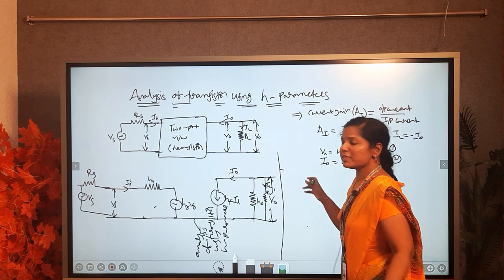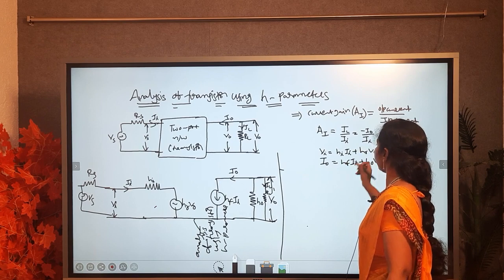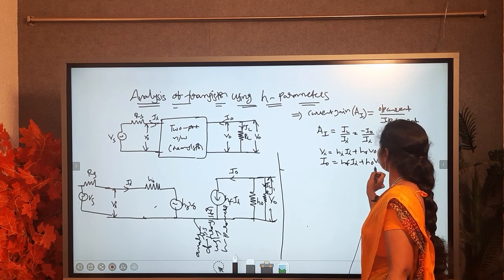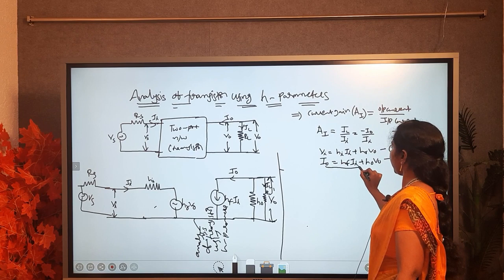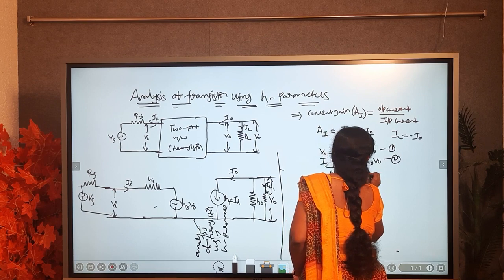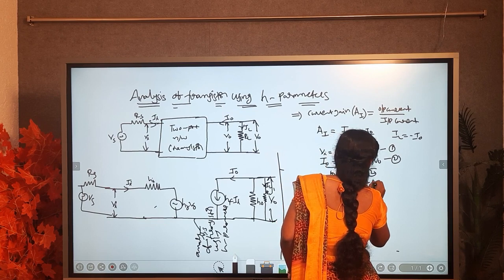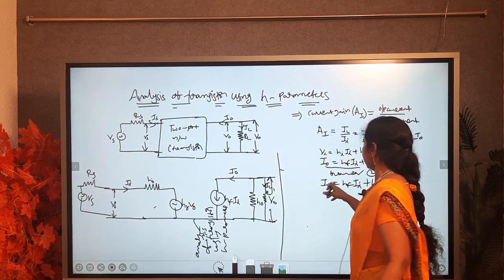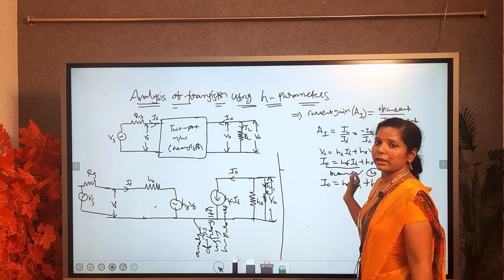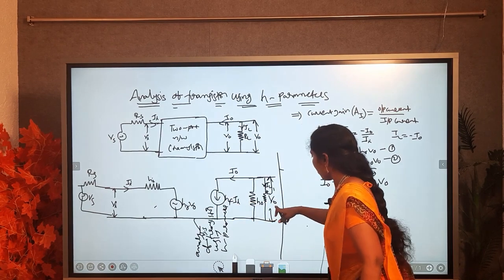From equation number 2, I0 equals Hf into Ii plus H0 into V0. Here I0 and Ii are fine, but V0 is also there. From the circuit, what will be the output voltage?